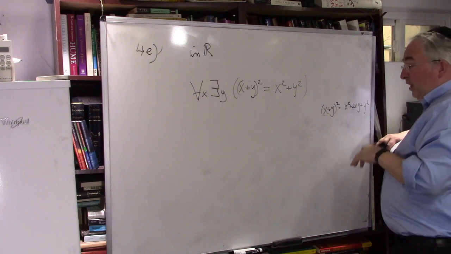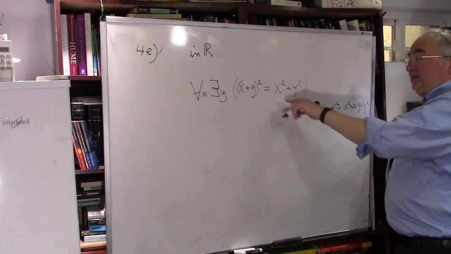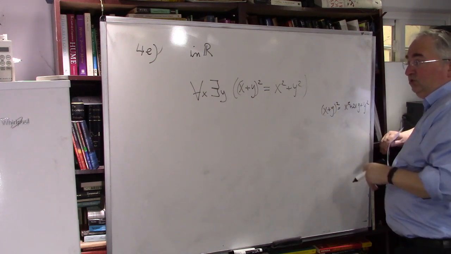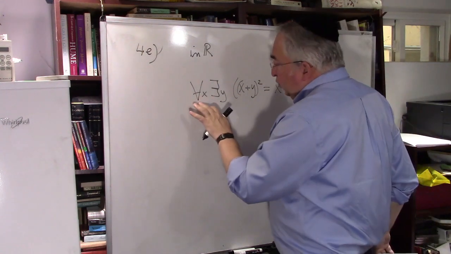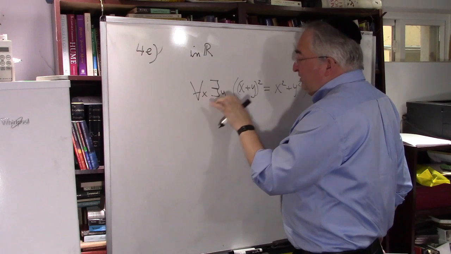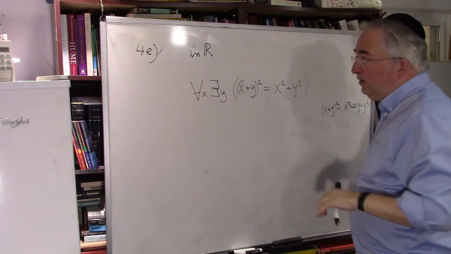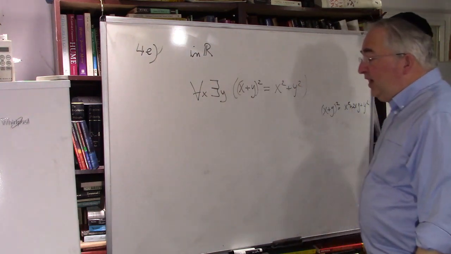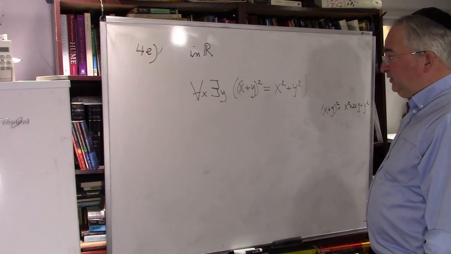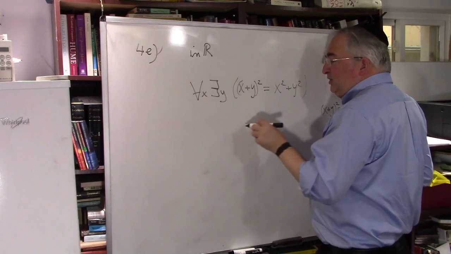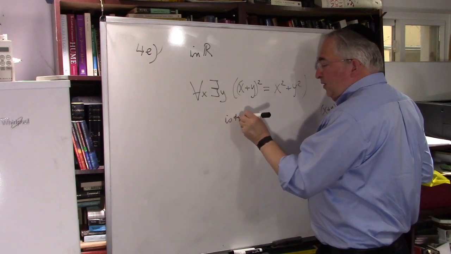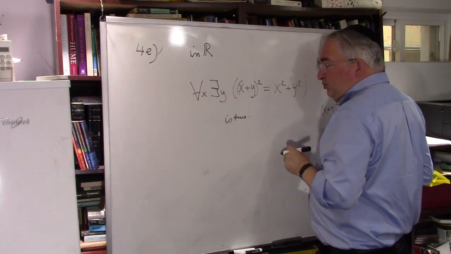Great. Question, when is this true? Let's see what it says. It says for all x, there is some y such that this is true. Okay, we're talking about the real numbers. And is it true or is it false? You have to think about it for a minute. The answer is it is true. When is it true?